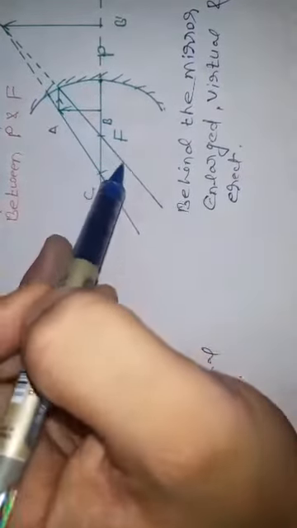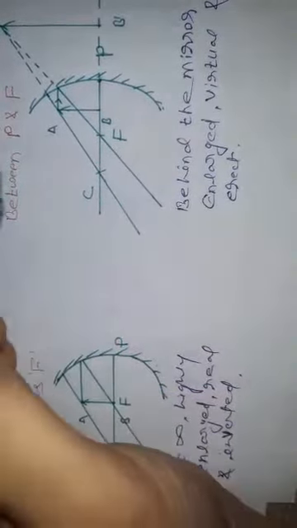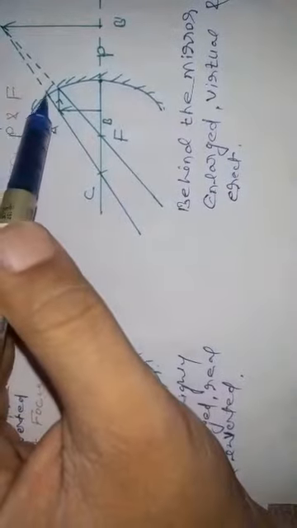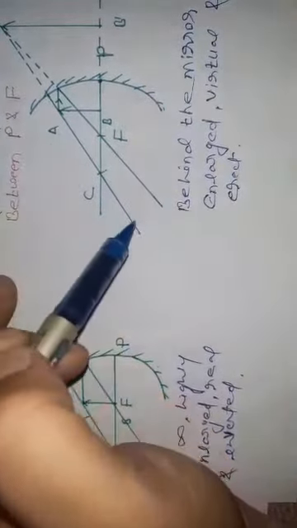So this will be your object AB. The ray which is incident parallel to the principal axis, after reflection passes through the principal focus, and the ray which is incident through the center of curvature returns back following the same path.